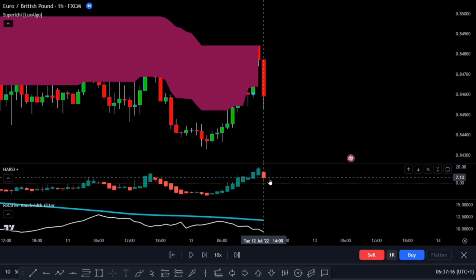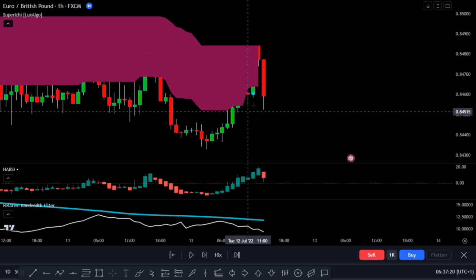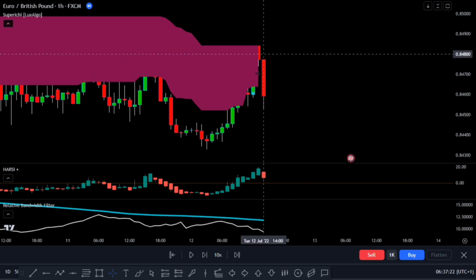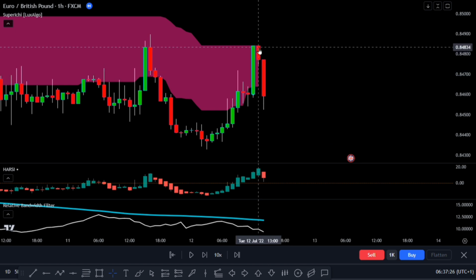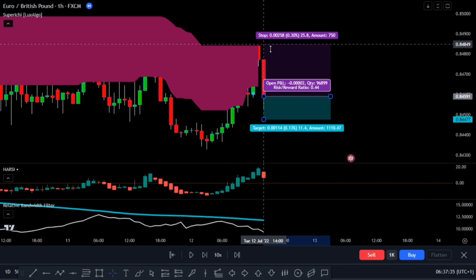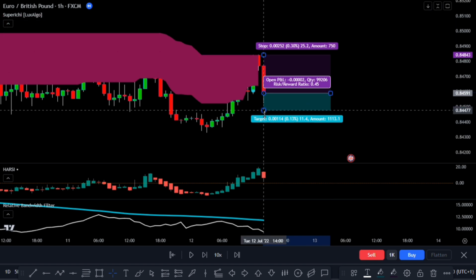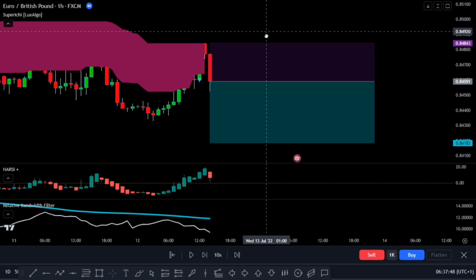When we get a red candle from the RSI indicator, we check if any part of the GBP candlestick crossed above the pink cloud from the blue signal to the entry signal. If it does, the trade becomes invalid, and we should avoid it. But if everything looks good, we go ahead and open a sell trade. For the stop loss, we use the highs of the cloud, and for the take profit, we aim for 1.6 times the risk.